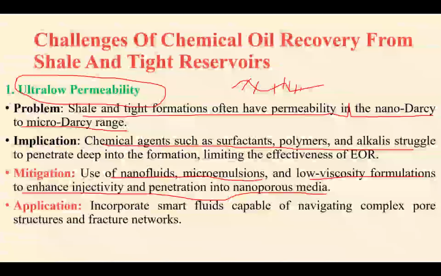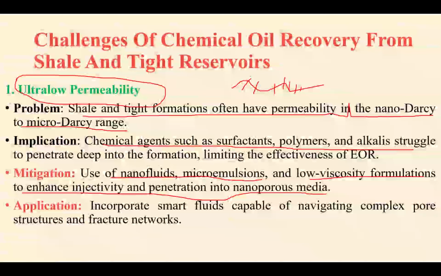That is the point when you are planning recovery from shale or tight reservoirs by chemical methods. The injectivity, or the flow of the chemicals through these fine pores with ultra low permeability, is quite challenging, and accordingly you have to design.